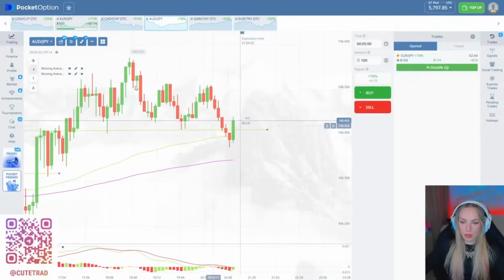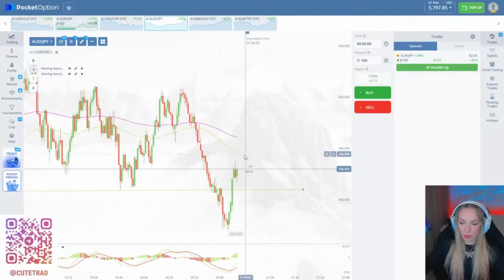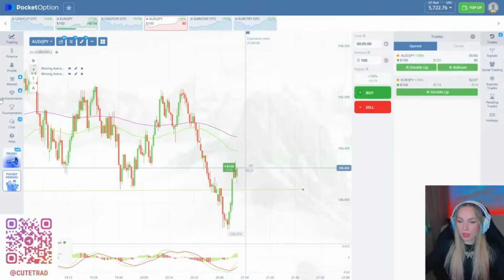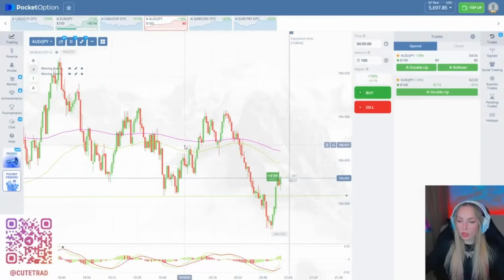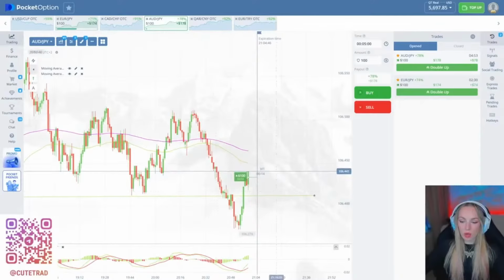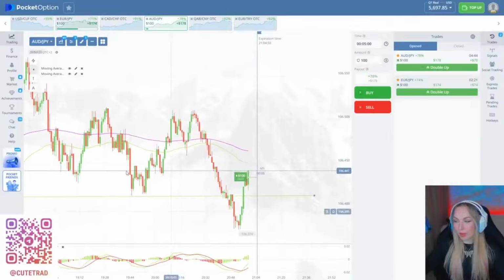Here is the signal to open the trade in the upward direction. AUD/JPY, I think 5 minutes, in the upward direction. AUD/JPY, I just opened the trade. The MACD moving average is crossed in the oversold zone. For me, that's the signal to open the trade in the upward direction.